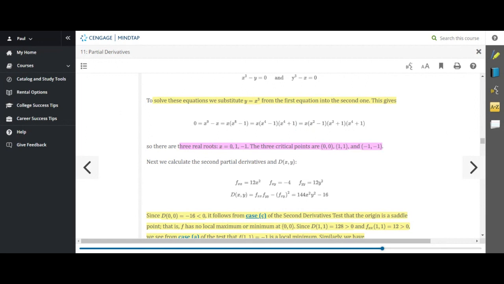X is 0, 1, negative 1. And if we substitute in 0, 1, and negative 1, if we put x equals 0 in the function, and the function, remember, was x to the fourth plus y to the fourth minus 4xy plus 1, we would get a corresponding value of 0. Let me show you that on the whiteboard.